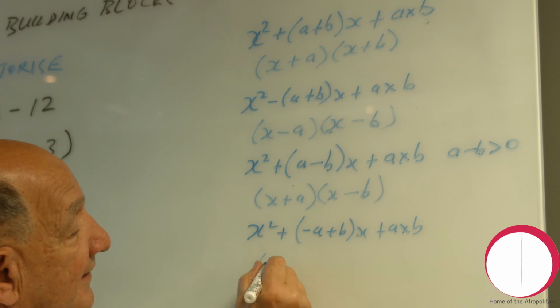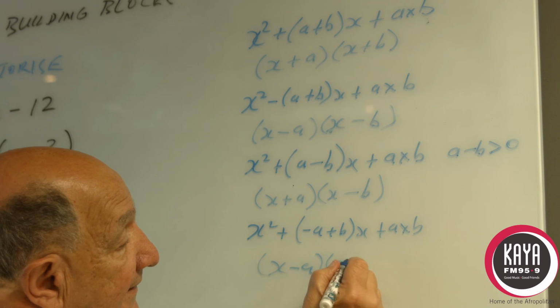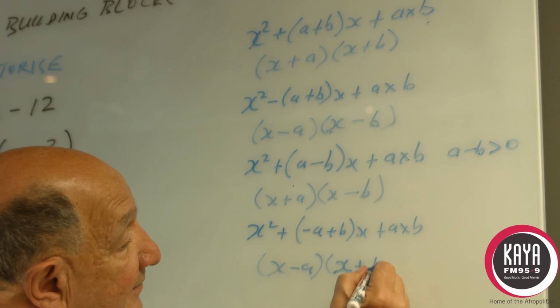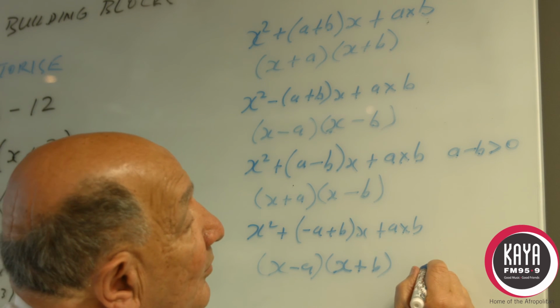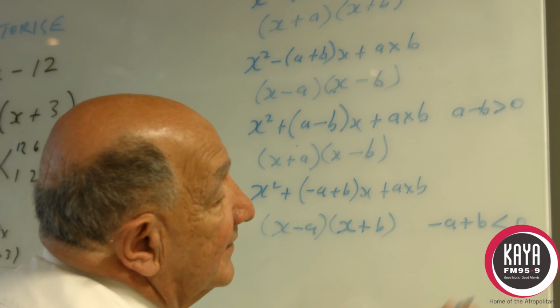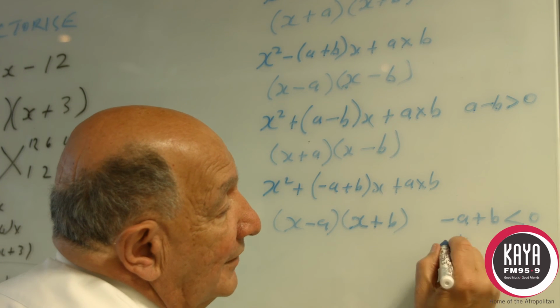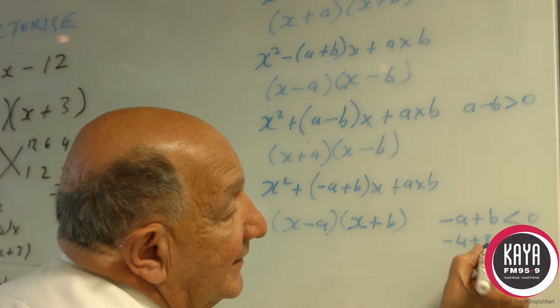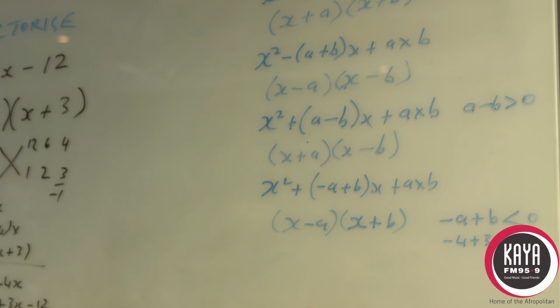And the solution is x minus a and x plus b. In this case, we have minus a plus b, which is less than 0. So if you look at our example, we had a 4, a minus 4, and a plus 3. So minus 1 is less than 0.